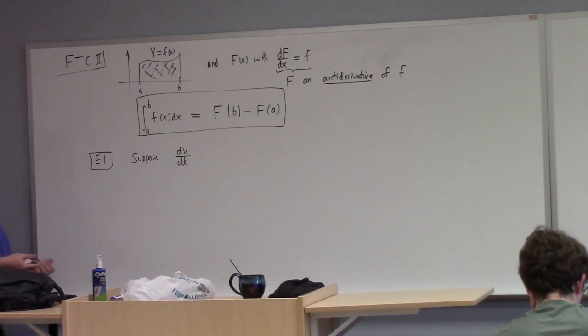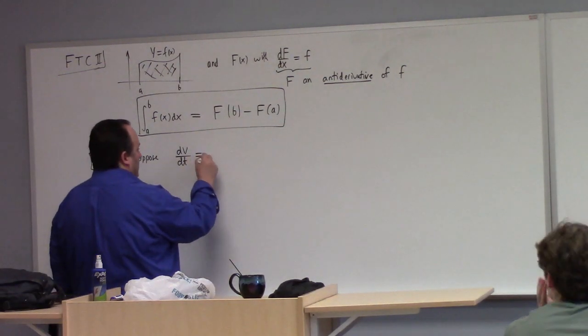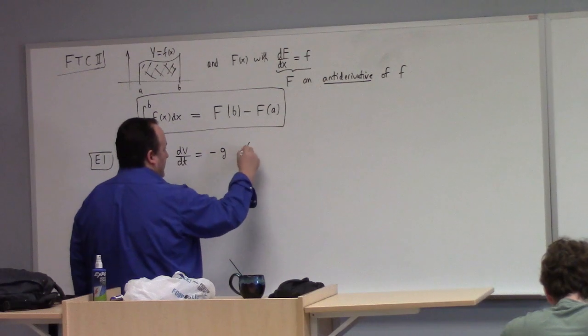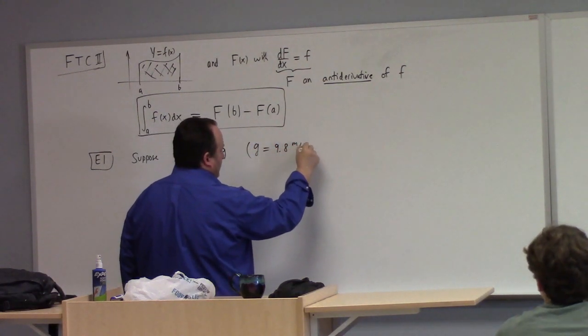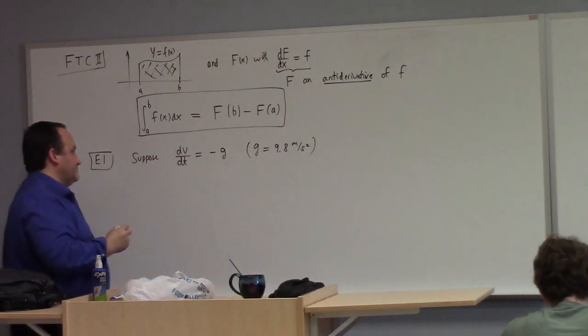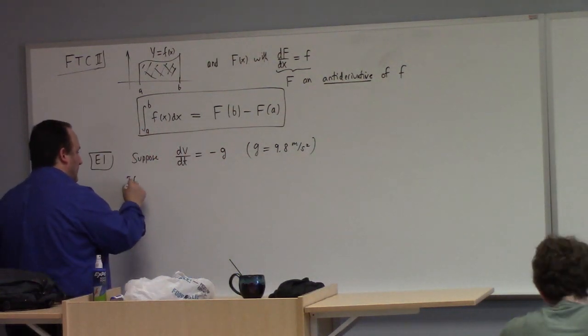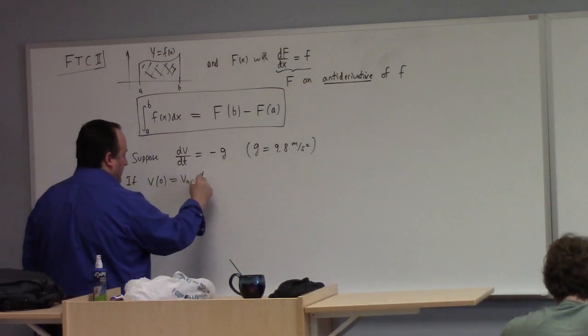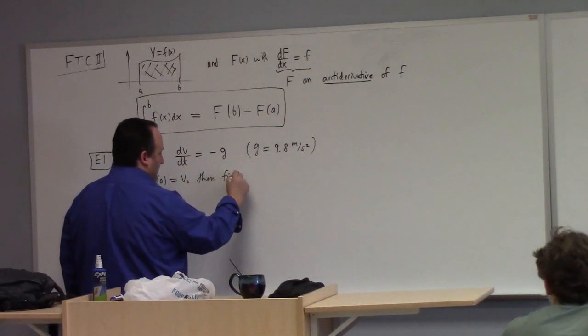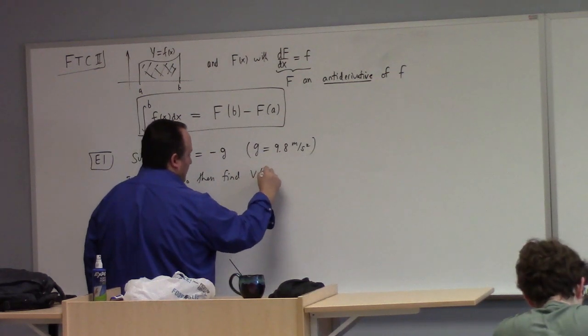Suppose the acceleration is equal to, let's say, minus g. Here g is equal to 9.8 meters per second squared. If the velocity at time 0 is equal to v sub naught, then find v as a function of t.